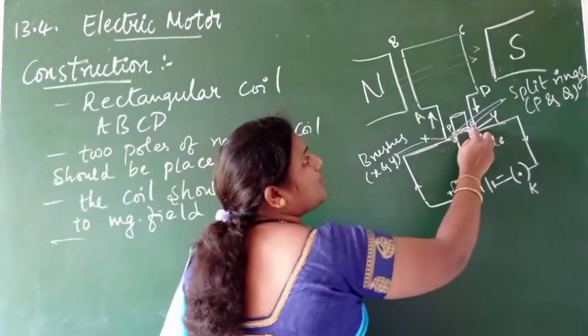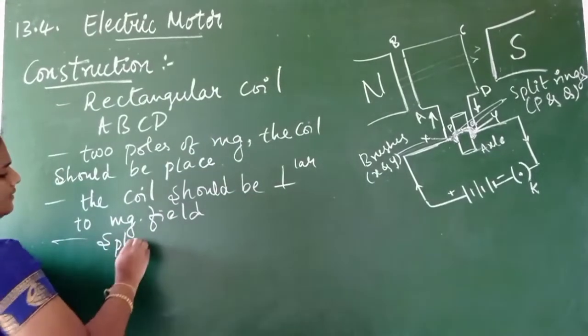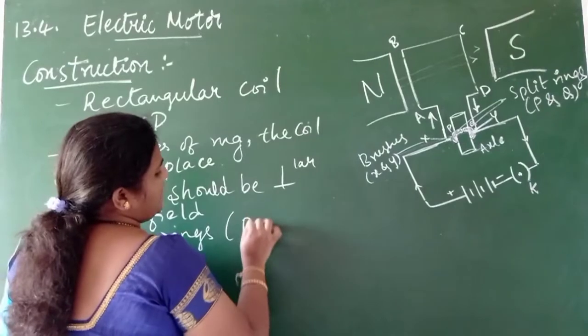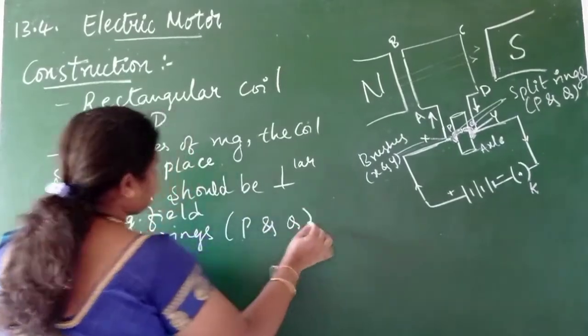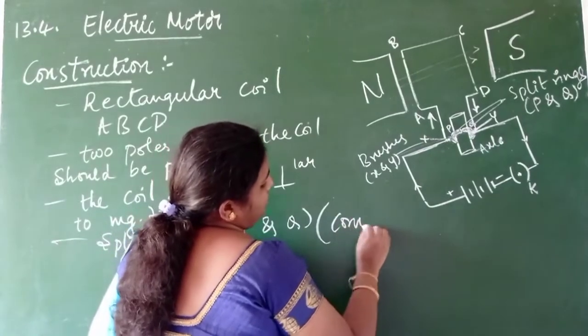The split rings are P and Q, and it is also called a commutator, children.